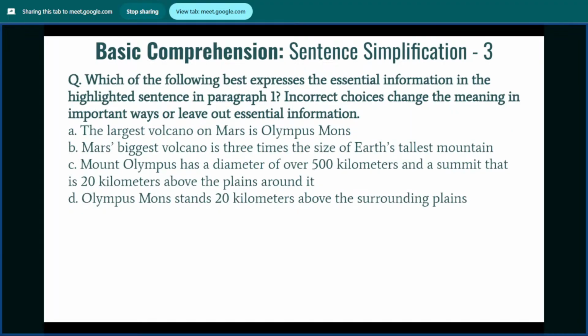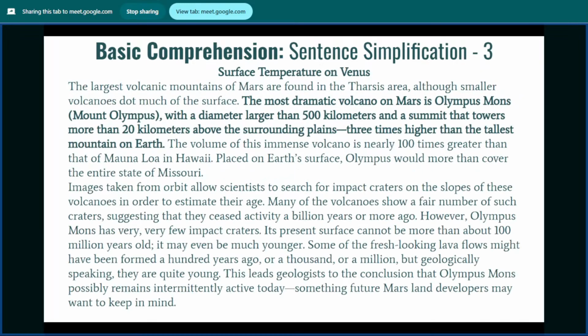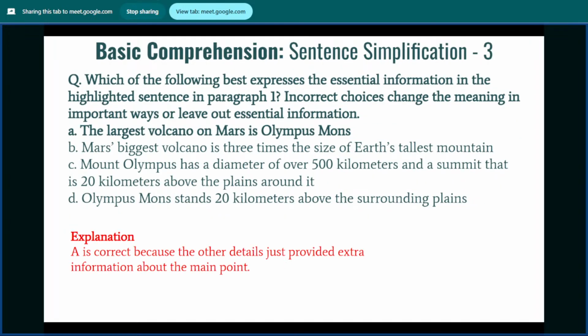All options are correct, but the most suitable, I think, is B. It's A. Okay. Why? Because it just provided extra information. All the other options just provided extra information about option A. Okay, that's why. Okay. Next.